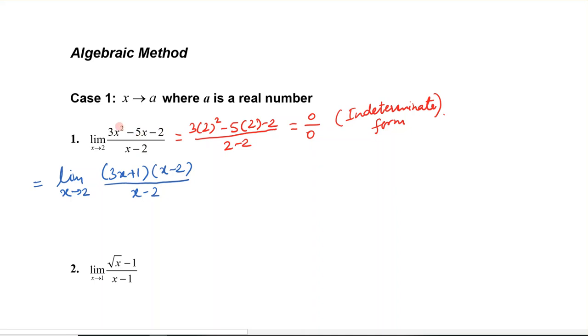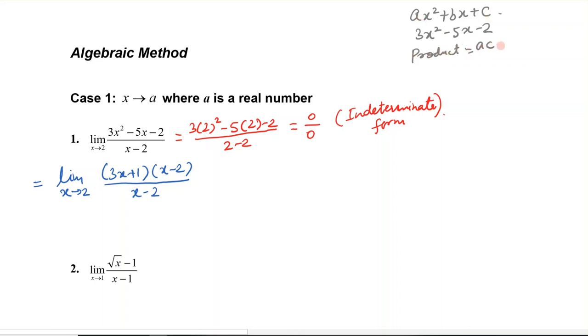If you're wondering where I got the factors from, here is a quick overview. In order to factorize ax squared plus bx plus c, a quadratic expression, in this case 3x squared minus 5x minus 2, we try to find two magic numbers such that the product is a times c.